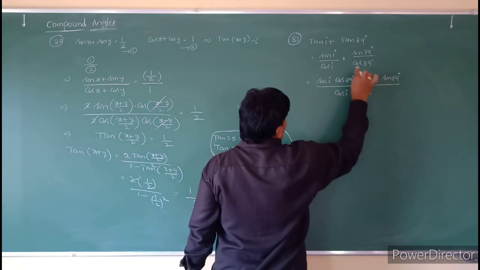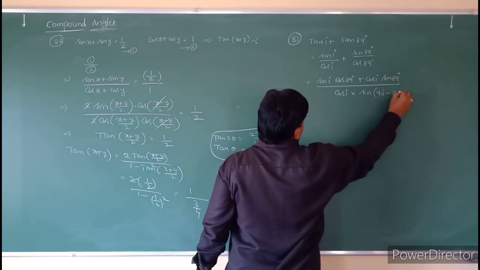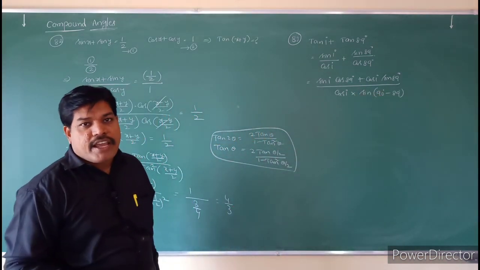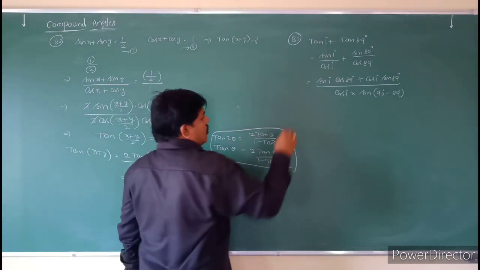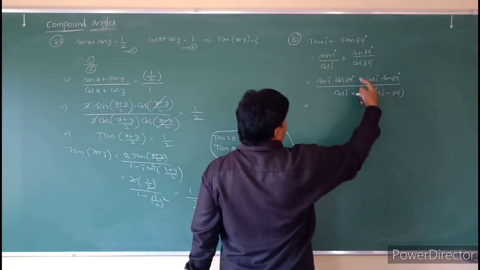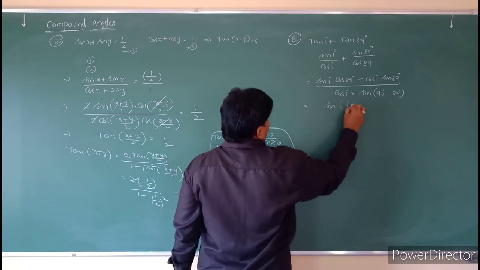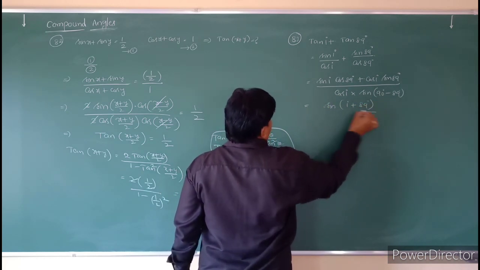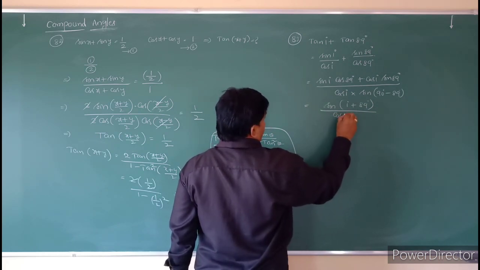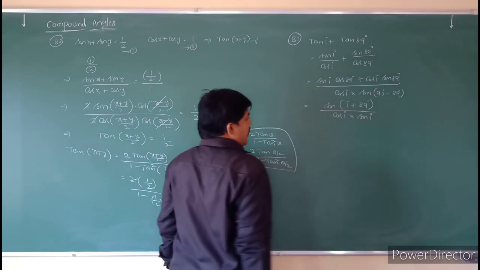Cos 89 degrees, cos theta can be written as sine of 90 minus theta. So in the numerator, the formula sin A cos B plus cos A sin B is nothing but sine of A plus B. So 1 degree plus 89 degrees, by, in the denominator, cos 1 degree into sine 1 degree.